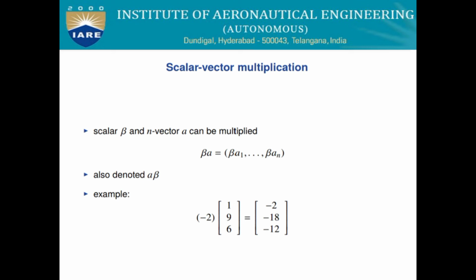Example: minus 2 times (1, 9, 6) is equal to (minus 2, minus 18, minus 12), meaning minus 2 multiplied with 1 is minus 2, minus 2 nines are minus 18, minus 2 sixes are minus 12. It is an example of beta a, which is scalar multiplication. Next slide.